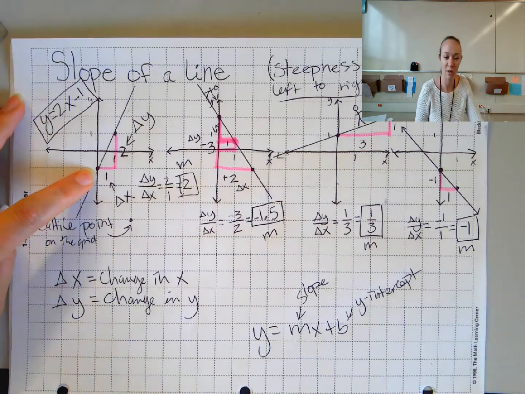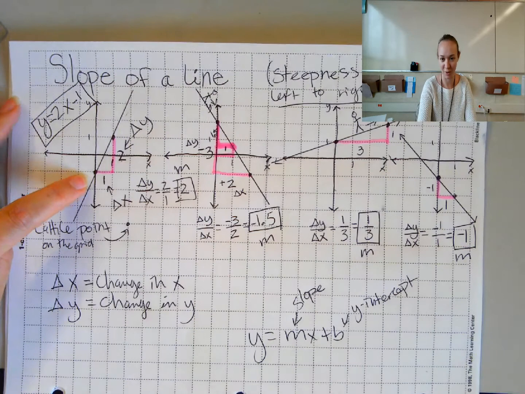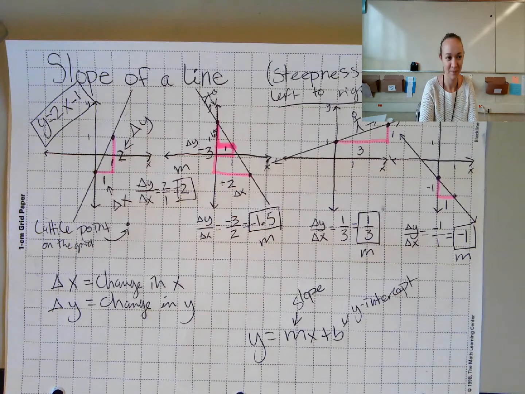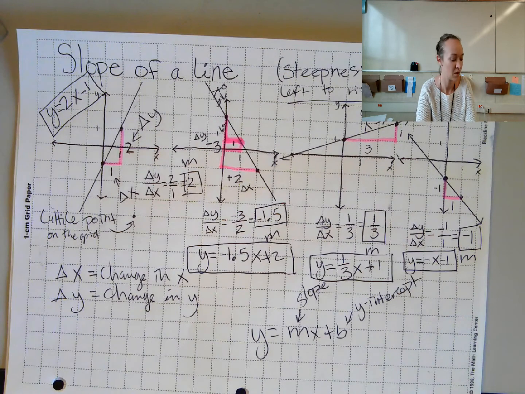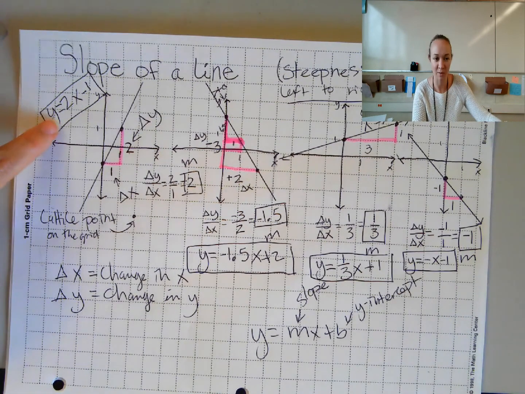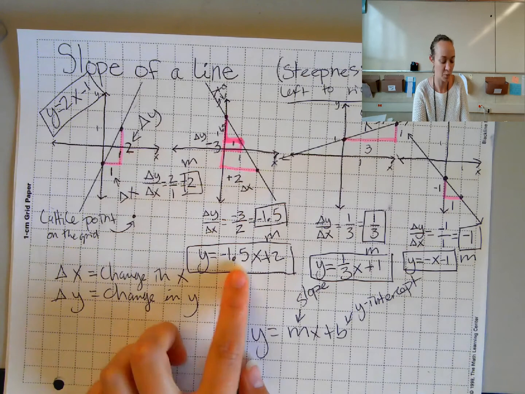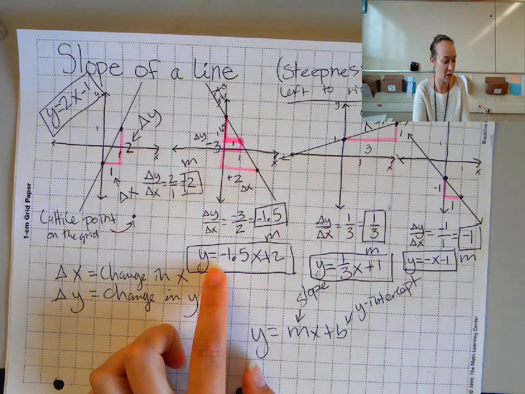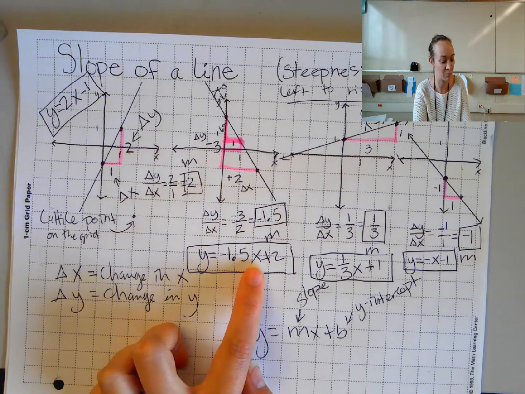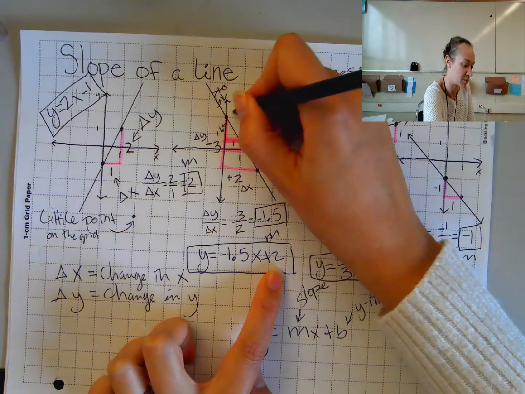Take a moment and write the rule for the other three as well. So on the first one, we had y equals 2x minus 1. The next one, the slope was -1.5, so my rule is y equals -1.5x and then plus 2, because my y-intercept up here was at 2.